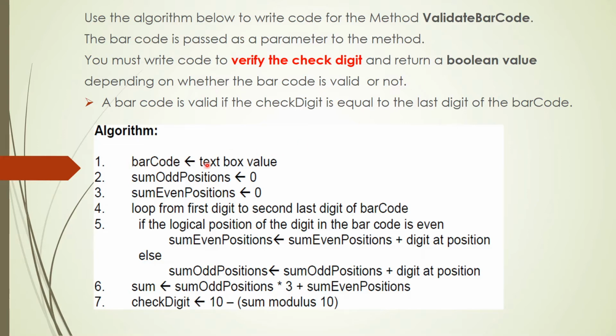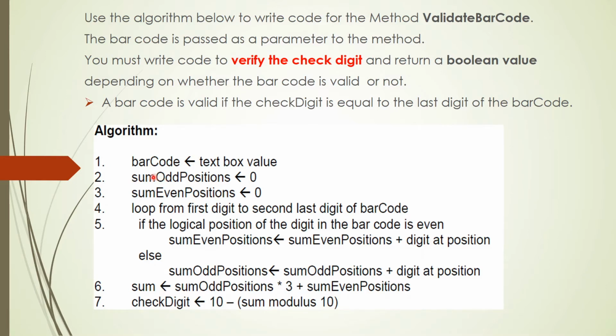The barcode you're getting from a TEdit, but line 1 of the algorithm is going to be done when the function is called on the button validate barcode. There you'll do an input from the user and you will call your function. So your function coding actually starts from algorithm line 2.